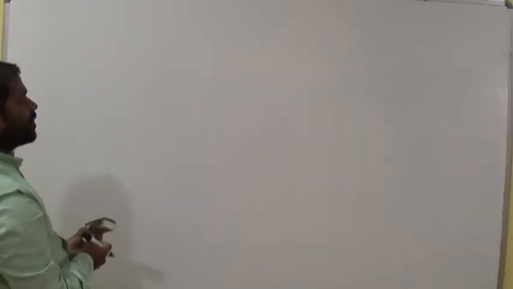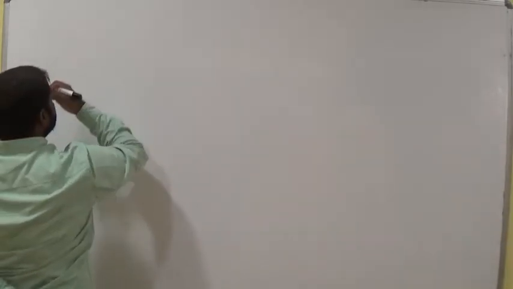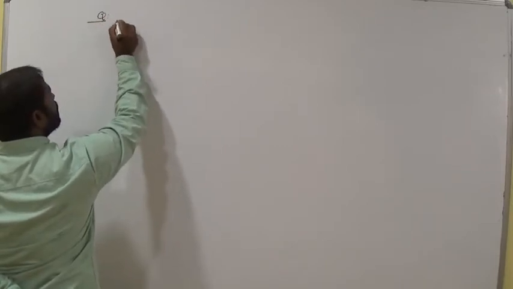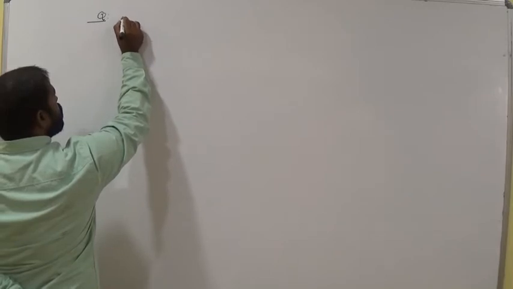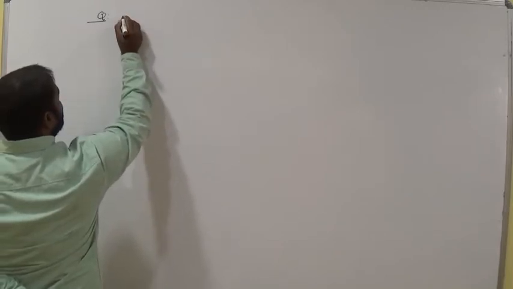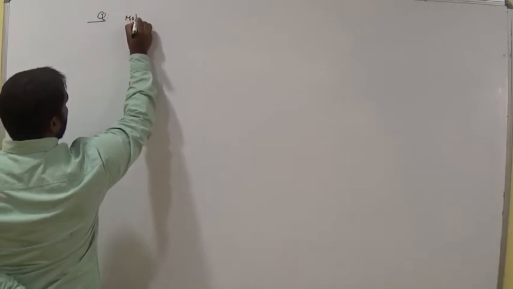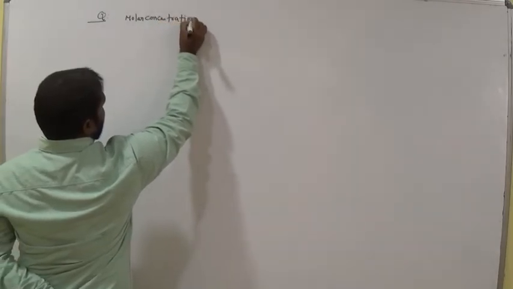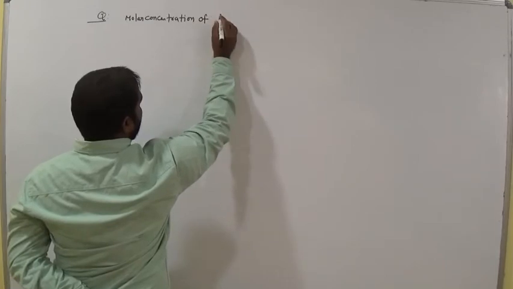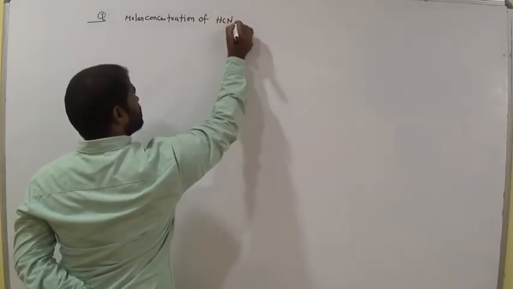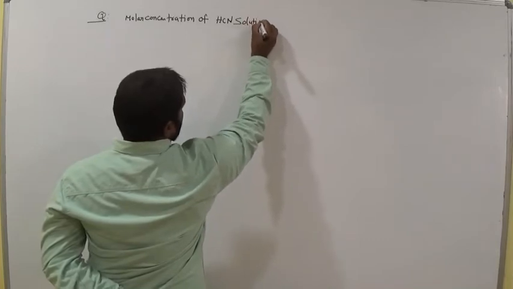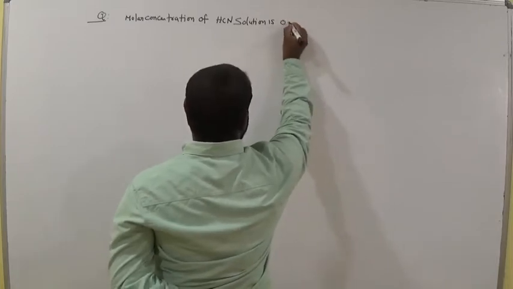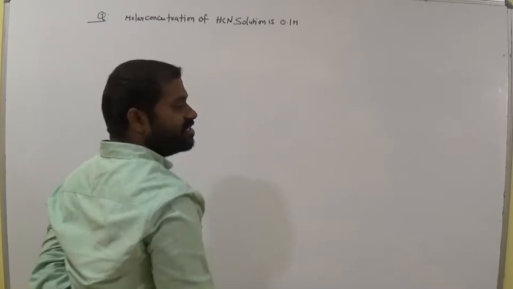Let's see some examples or problems regarding this concept. Molar concentration of HCN solution is 0.1 molar. How much? 0.1 molar.